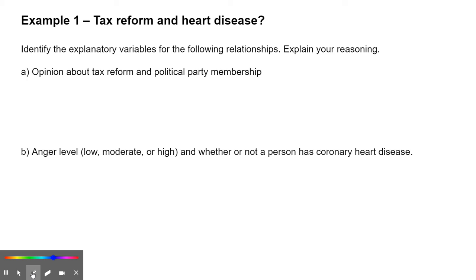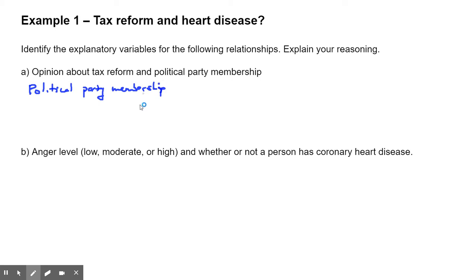So political party membership might predict your opinion on tax reform. So our answer is going to look like this: political party membership.